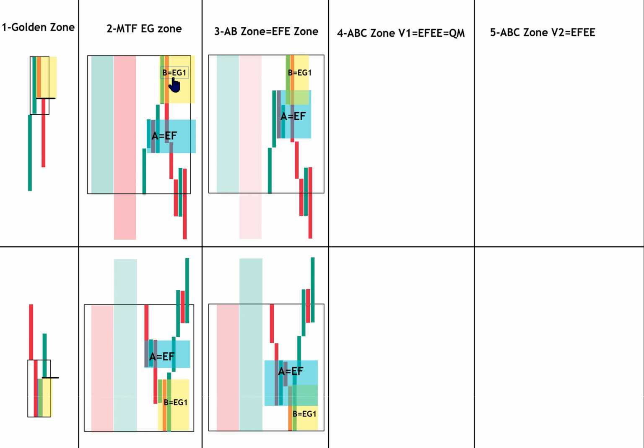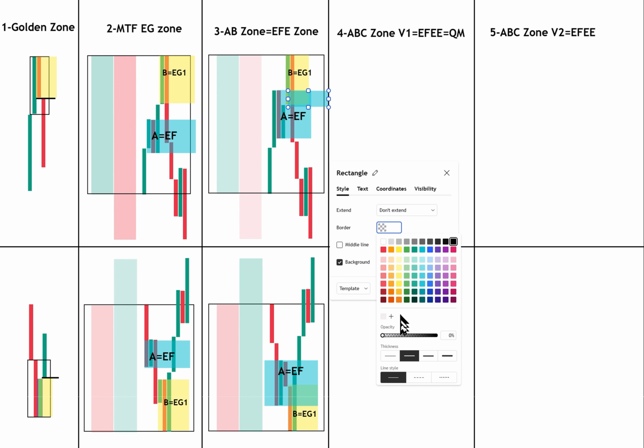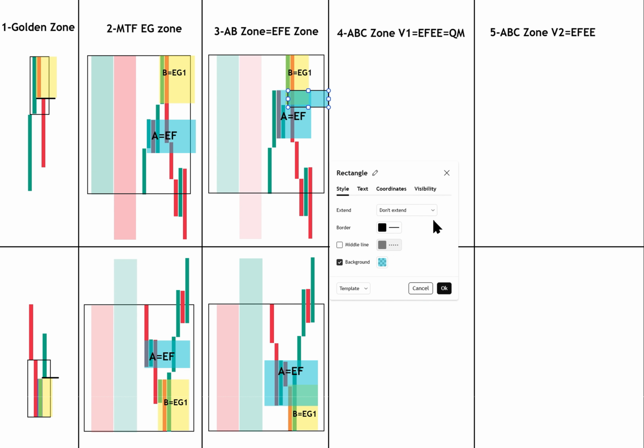Now this EG is here again, and this failed engulfing is a little bit higher, and they're overlapping. This zone is very important for us. This overlapping zone is very, very important for us. This is the place where you can expect to have some reaction.